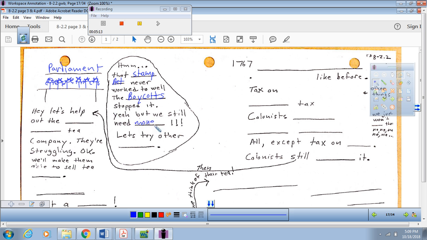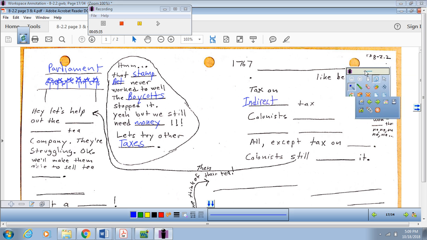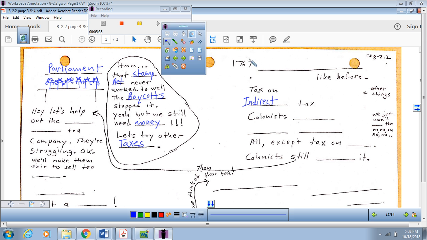We're paying over half our national income on interest on that loan. Yes, let's try other taxes. Well, it better not be a direct tax, because those colonists were really mad about the direct tax. No, we're going to try an indirect tax again. That way, they are not so upset.